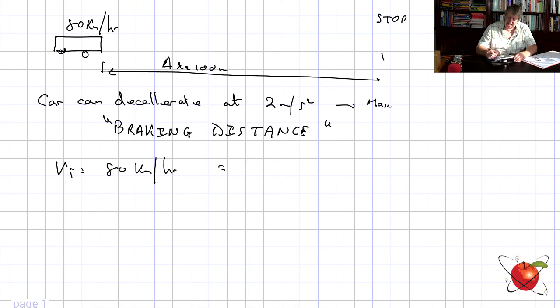Well, we take 80, okay? We say we want to convert kilometers per hour to meters per second. So times 1,000 divided by 3600.